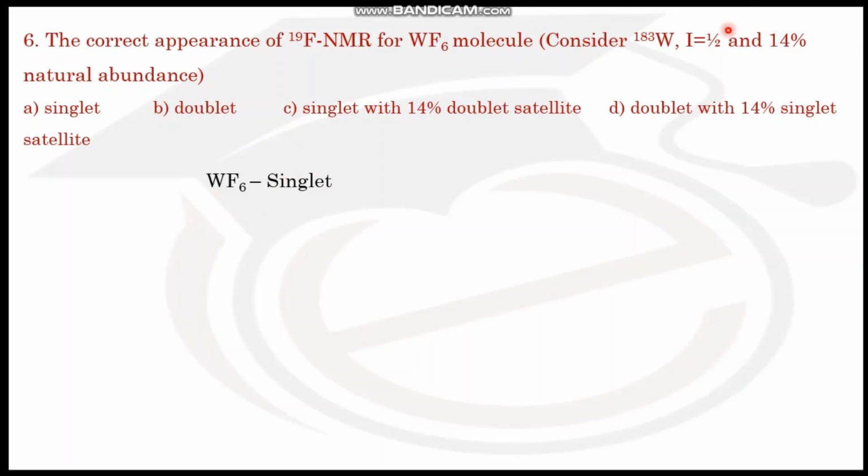Now here they mentioned 14% natural abundance for this isotope. So when they mention the natural abundance, we have to consider it and solve the problem like this. Here 14% abundance has an I value of 1/2.